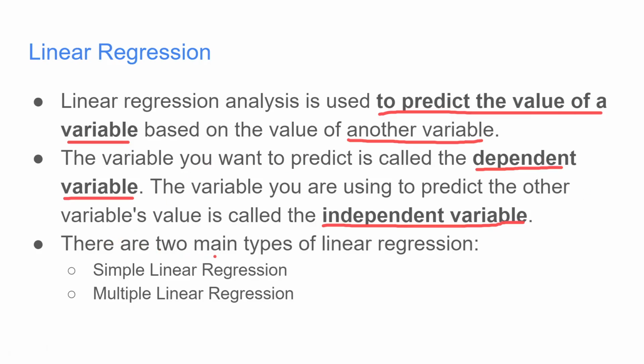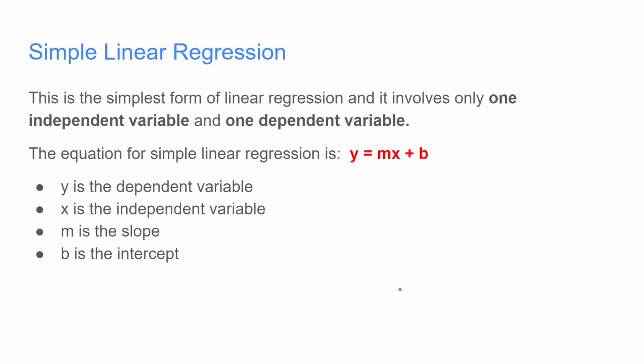So there are two main types of linear regression. One is simple linear regression and the other is multiple linear regression. When it comes to simple linear regression, this is the simplest form of linear regression, and it involves only one independent variable and one dependent variable.